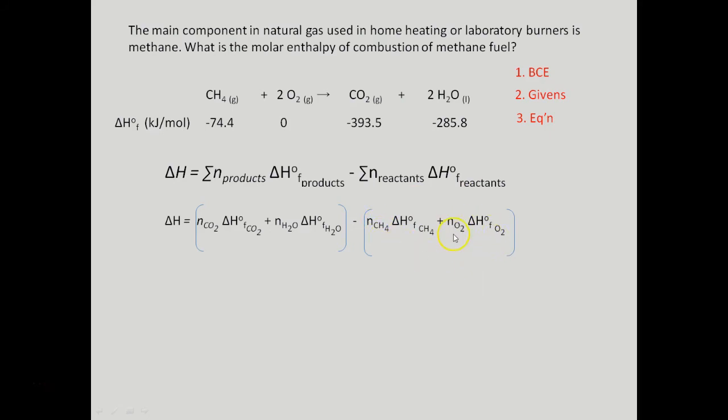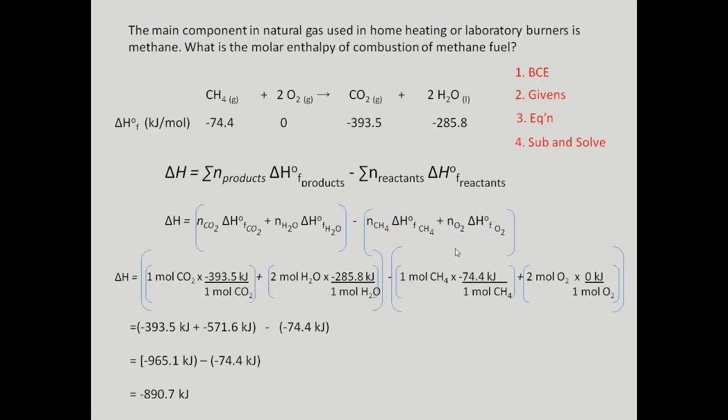Now if we take our values and substitute in, from our balanced equation we have a value of 1 and a value of 1. So 1 mole times negative 393.5 kilojoules per mole of CO2, plus 2 moles of water times negative 285.8 kilojoules per mole of water. Again, this constitutes my products, minus my 1 mole of methane times negative 74.4 kilojoules per mole of methane, plus 2 moles of oxygen times its standard enthalpy of formation, which is 0.